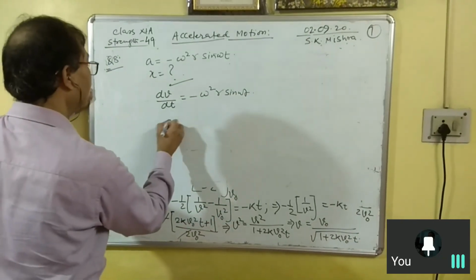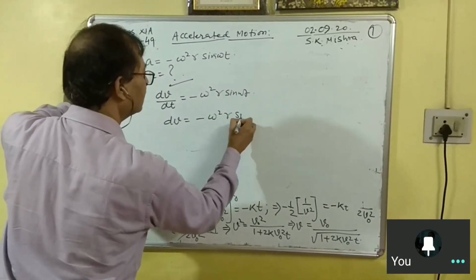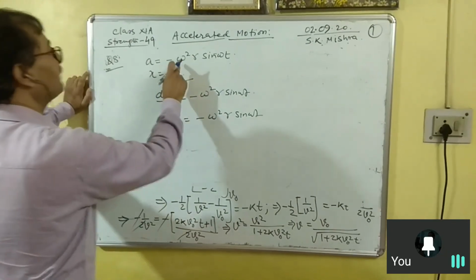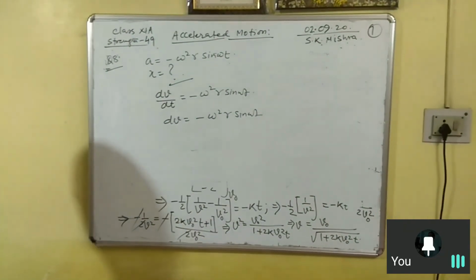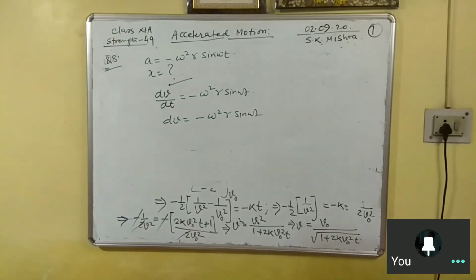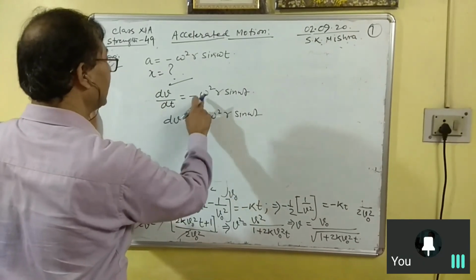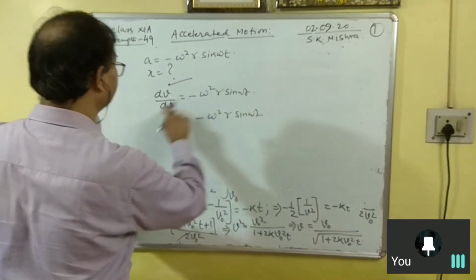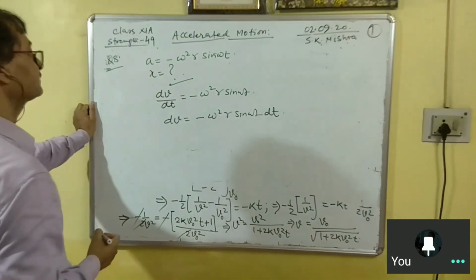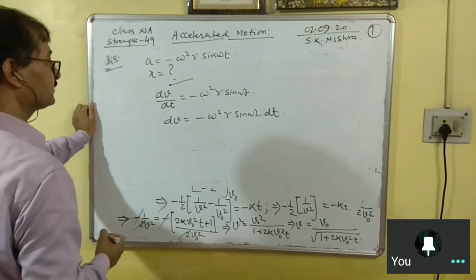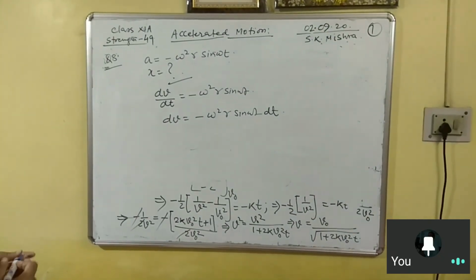So a is equal to minus omega square r sine omega t. Then dv is equal to minus omega square r sine omega t dt. Okay. So then, how will you find the displacement x?